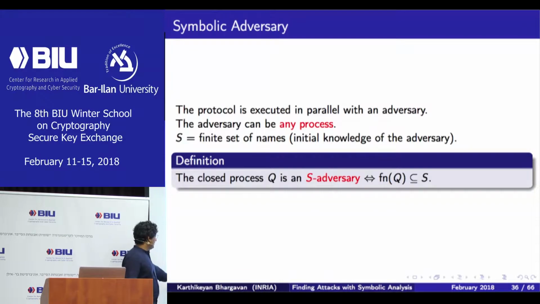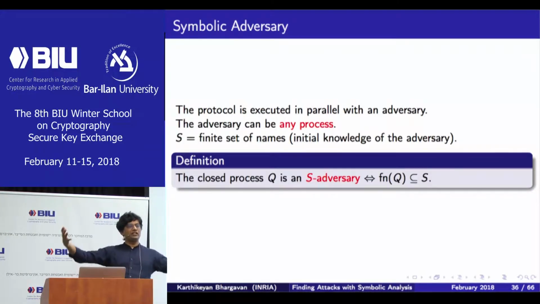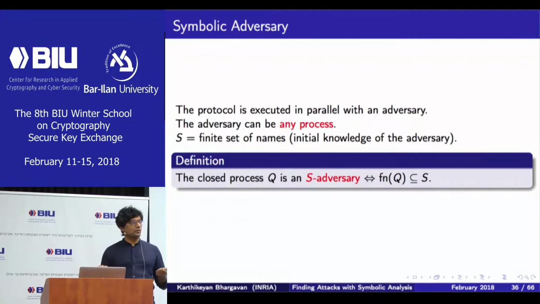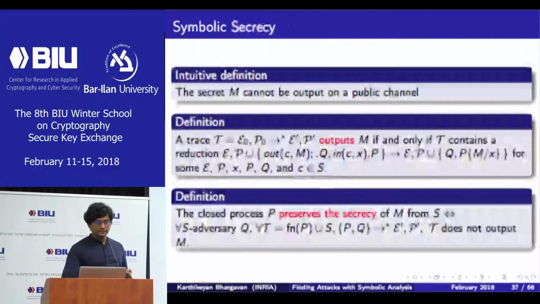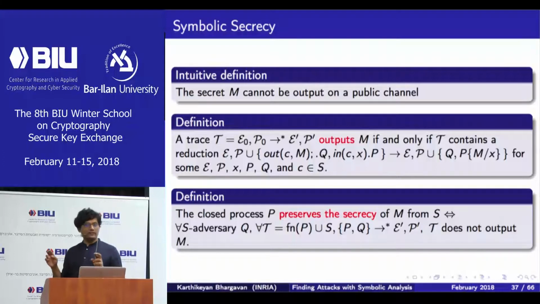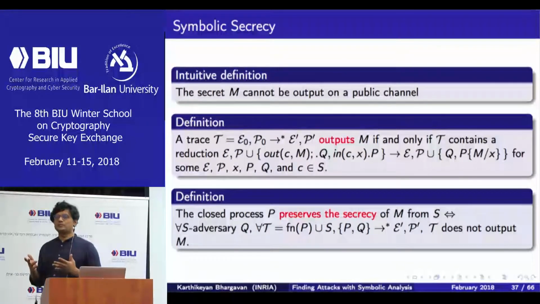And the whole system that we are talking about is a closed process. So the adversary and our protocol together form a closed process, so that we can then run the protocol and ask questions about these closed processes. And the symbolic secrecy goal that we will try to prove is a very simple goal.